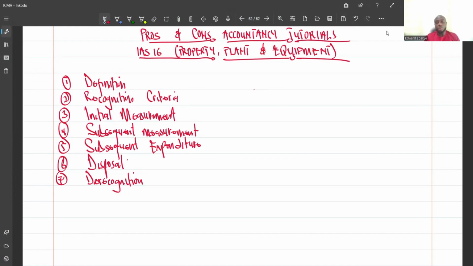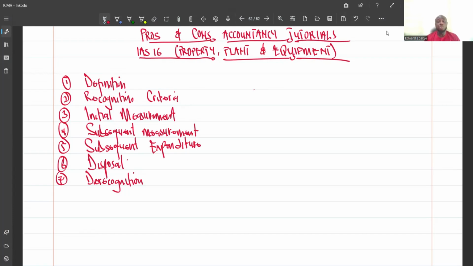And one thing I want to put out is that this is a standard related to an asset, right? And anytime you have a standard in relation to an asset, be it a PPE, an investment property, or an intangible asset, there are some things that you need to have in mind, so that you'll be able to deal with whatever question or scenario you're given.